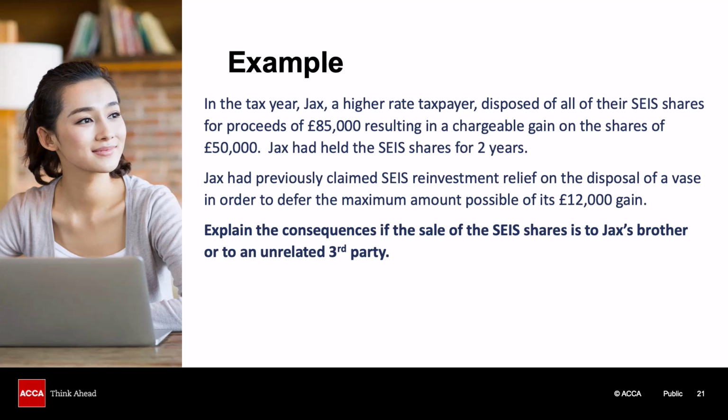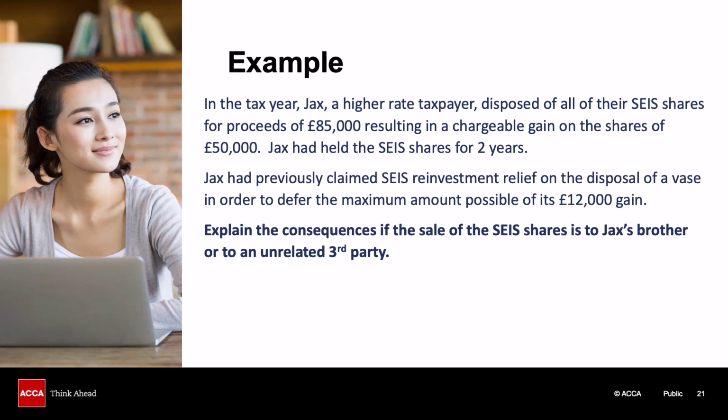Now here is an example to show how to work through everything that's happening with SEIS reinvestment relief. We've got Jax, who is a higher rate taxpayer, who disposed of SEIS shares for £85,000, and that ended up giving them a gain of £50,000.